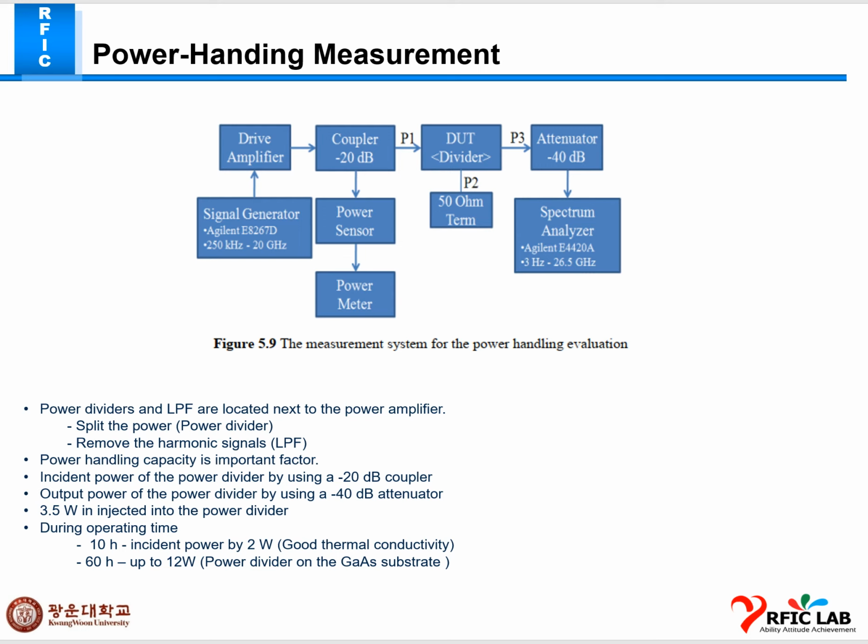Power handling capacity is an important factor. Incident power of the power divider is measured using a minus 20 dB coupler. The output uses a minus 40 dB attenuator, and 3.5 volts is injected into the power divider during the operating time.